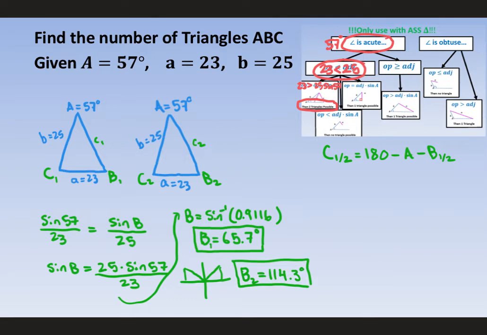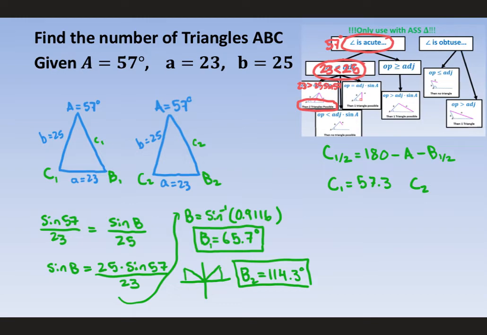So we do 180 minus 57, let's do B1 first, minus 65.7. So big C1 is equal to 57.3. Oops, I wrote that all sorts of wrong. 57.3. And then big C2, we do the same thing, but now we subtract B2.